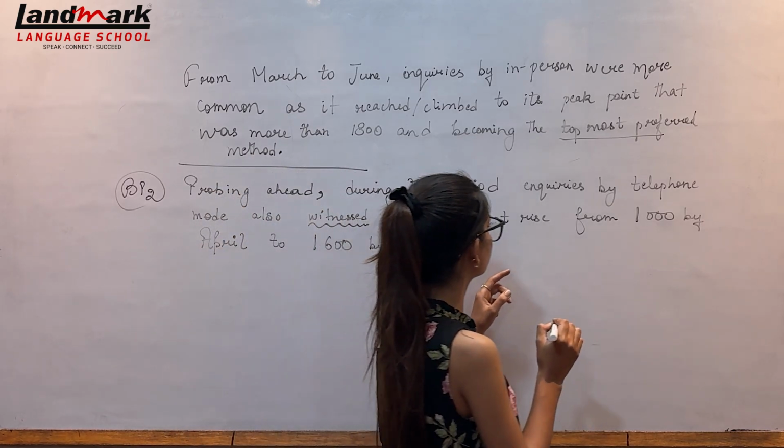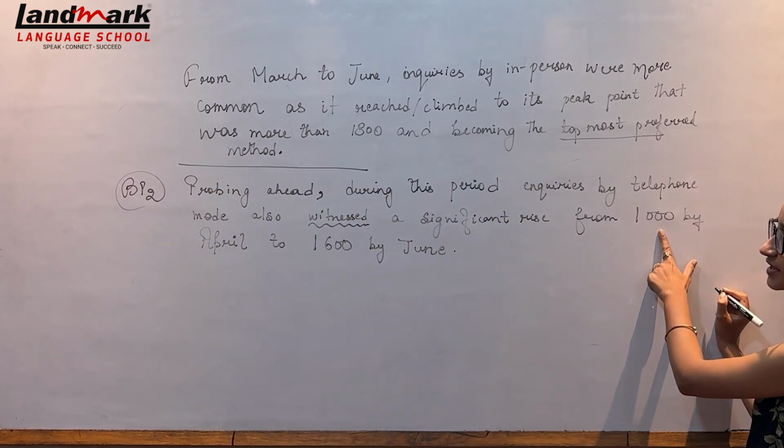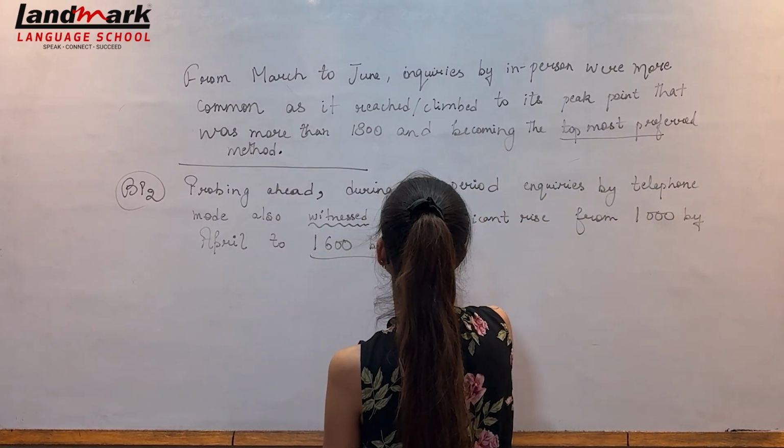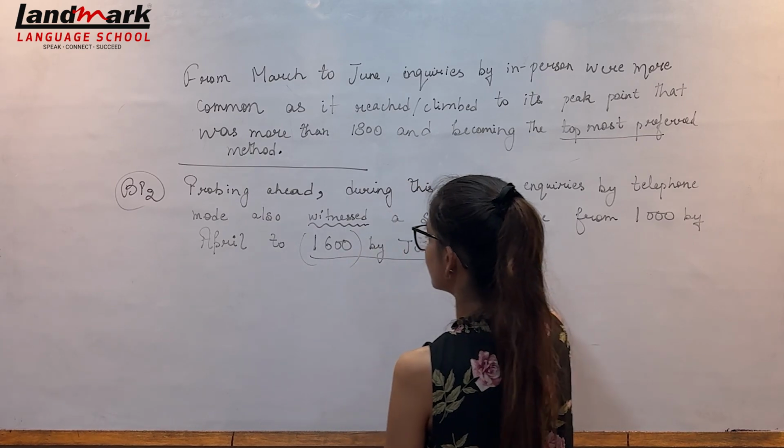Okay, because up to April it was only 1000, then it rose to 1400, and then by the end of the period it was 1600.